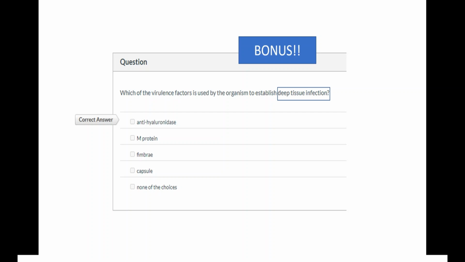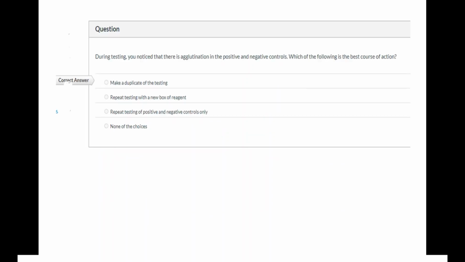So it will try to damage our connective tissue so that it can dig deeper and burrow deeper in our tissues. So again, this question is a bonus question, but if you are asked what the virulence factors of the organism are in terms of invasion, you have hyaluronidase together with DNAse also. Okay, let's proceed.